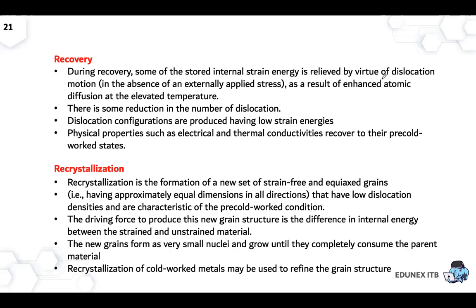At a relatively high temperature, of 500 degrees Celsius for example, atomic diffusion will increase as well, so the atoms will start to rearrange themselves. If we hold it for some time, they will try to rearrange themselves.